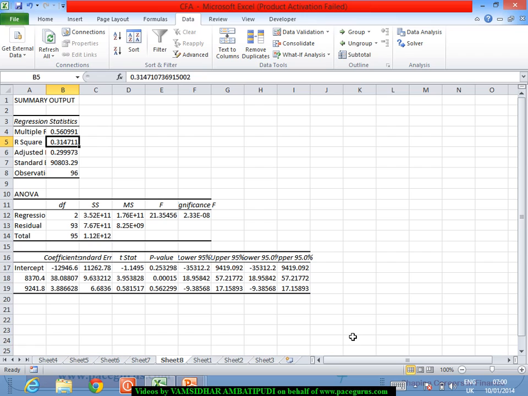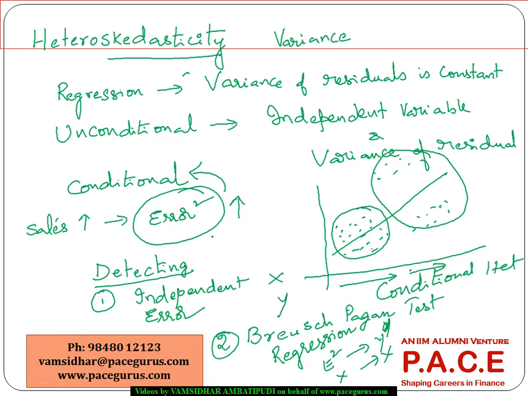I should look at the r squared that is coming through this Bruch-Pagan regression of the squared residuals on the independent variables. So in this case the r squared is 0.3147.